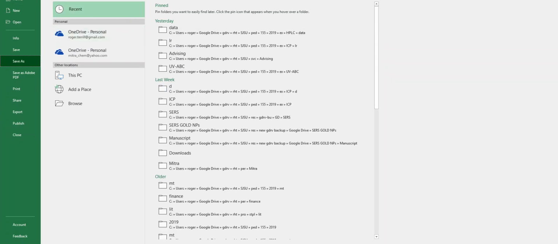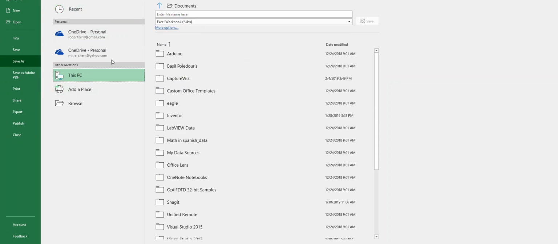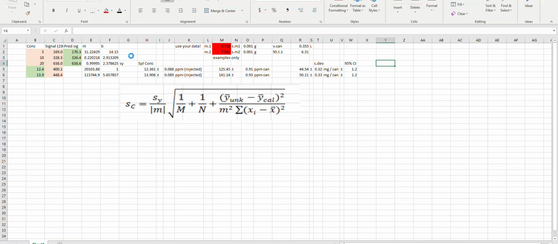And I'm going to save this now as HPLC Workup. All right, and now the only thing left to do here is to calculate the upper bound, the lower bound, and then the nominal value, and then the agreement.